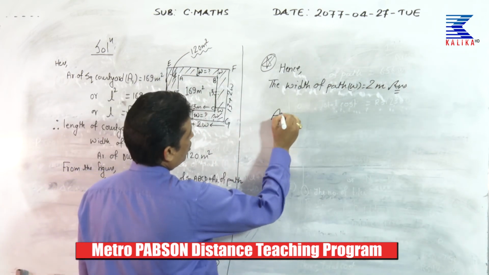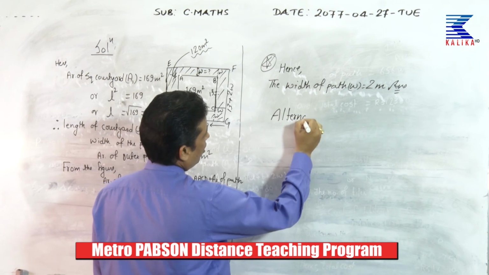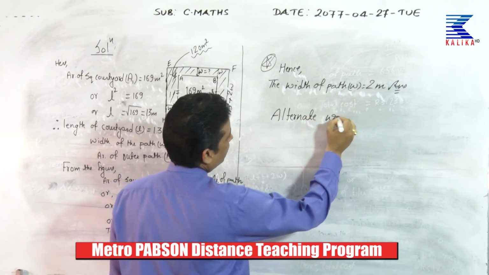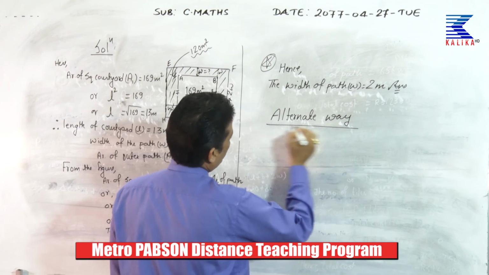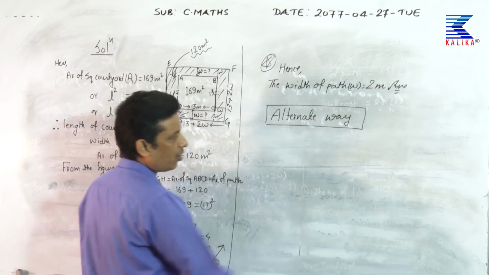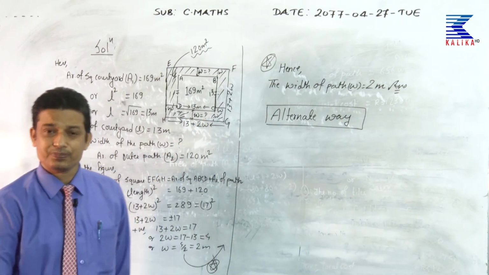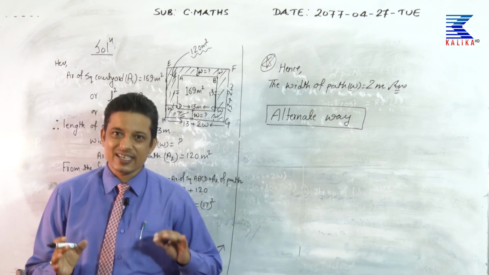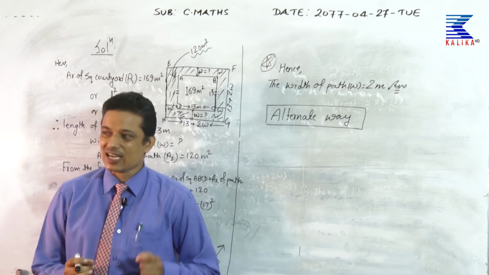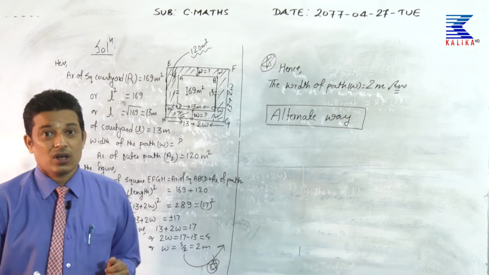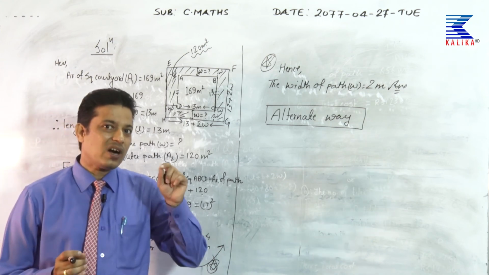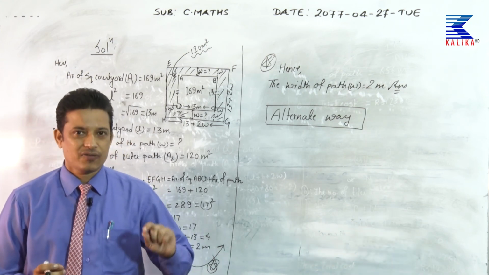Now, let me show you a hint of an alternate way. For the same question, this will be done by you, dear student. I have been telling you since the beginning when I started mensuration: you should remember what is given, and use its formula.